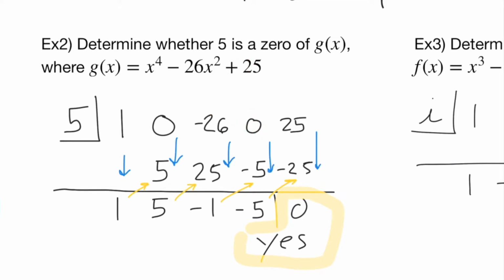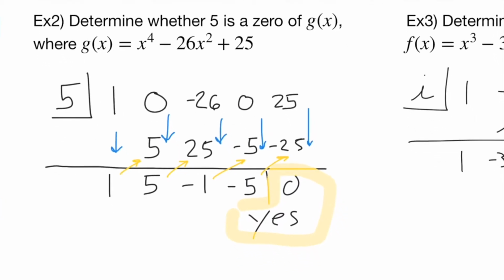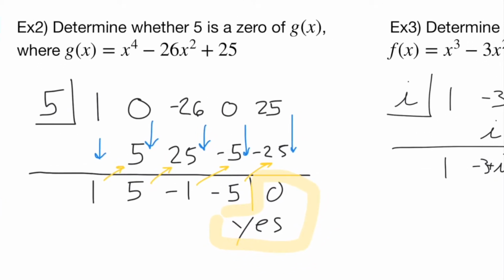If 5 is a 0, we should be able to substitute it in and get 0 out. So we bring down the 1, multiply by the 5, add, multiply by the 5, add, multiply by the 5, add, multiply by the 5, add, and we get 0. So is 5 a 0 of g of x? Yes, it is. It produces no remainder.